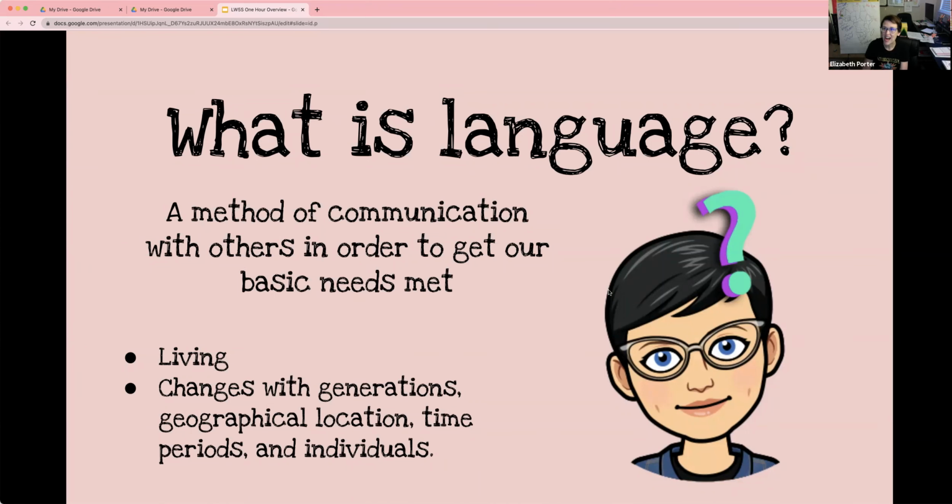It is how humans interact with each other, right? And it's essential. I think a lot of people don't really think about what language is exactly. And I had to start with this question when thinking about how I wanted to teach language.